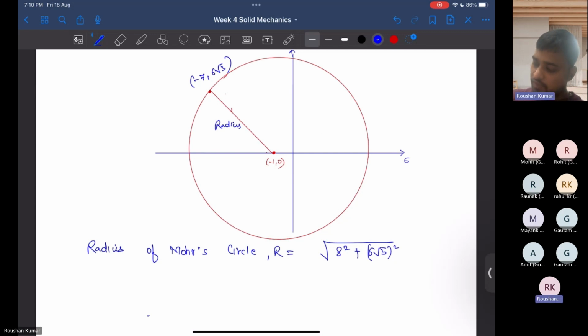If we calculate this, we will get 12. So the radius is 12 units.